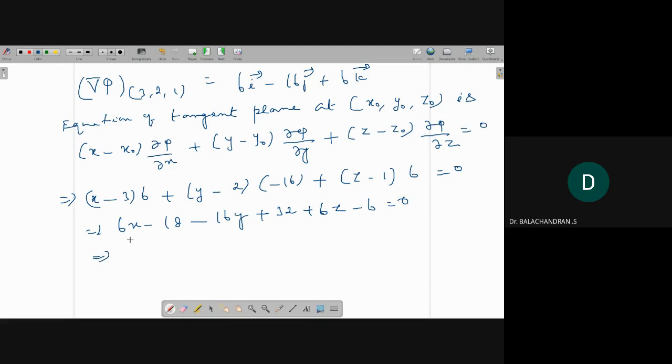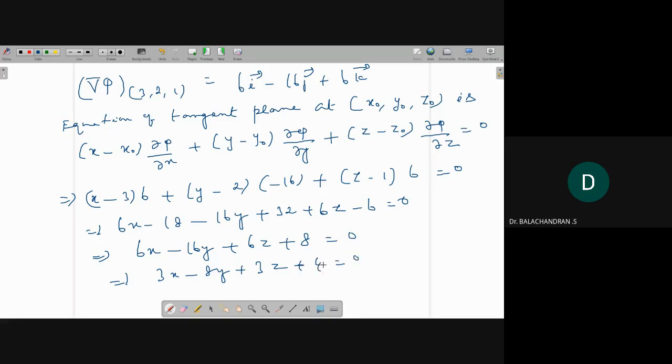So 6x minus 16y plus 6z, 32 minus 24, so plus 8 equal to 0. Dividing throughout by 2, we get 3x minus 8y plus 3z plus 4 equal to 0. This is the equation of the tangent plane.